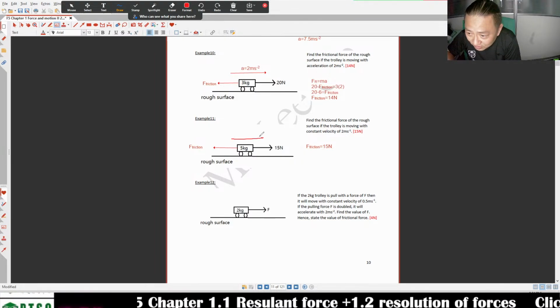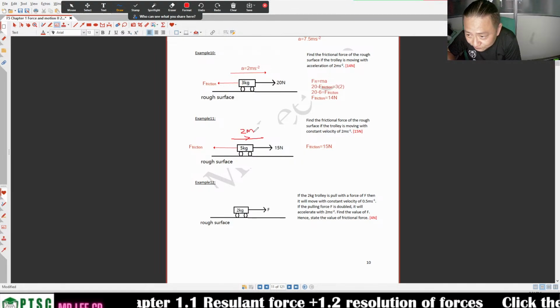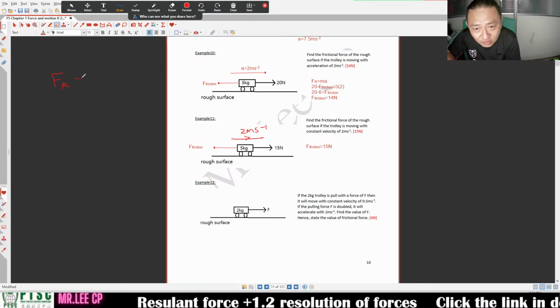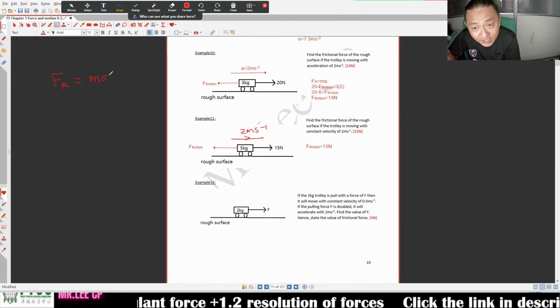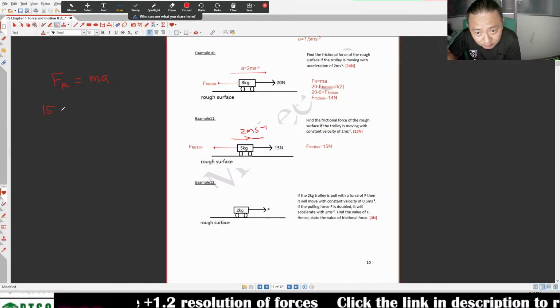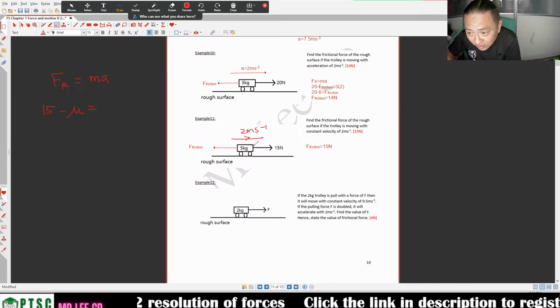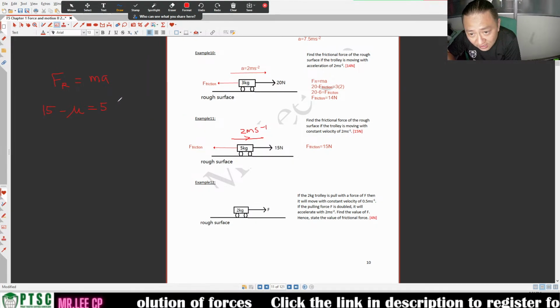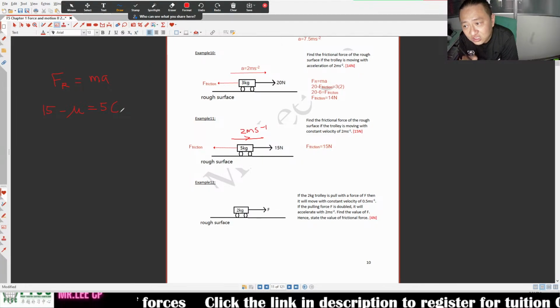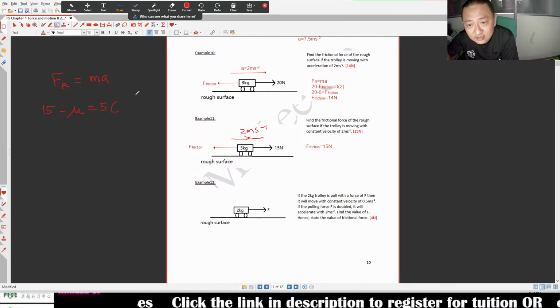So it moves with constant velocity, which means the resultant force F is MA. Resultant force is 15 minus friction. 15 minus friction equals M times A. How much is A? Constant velocity, so A is 0.